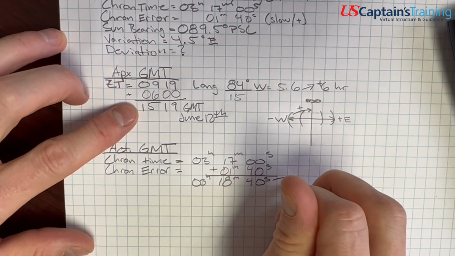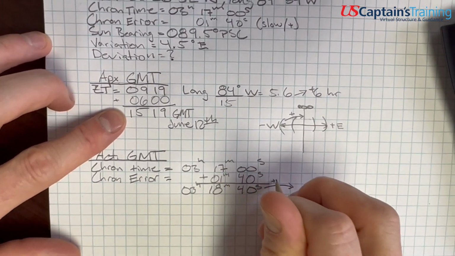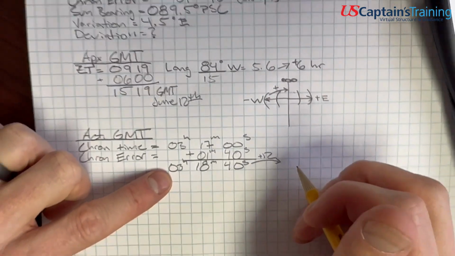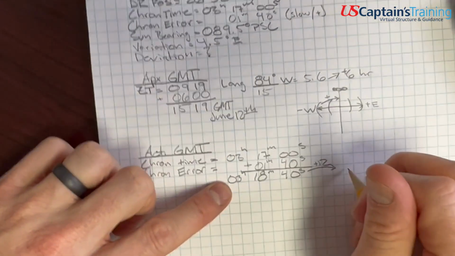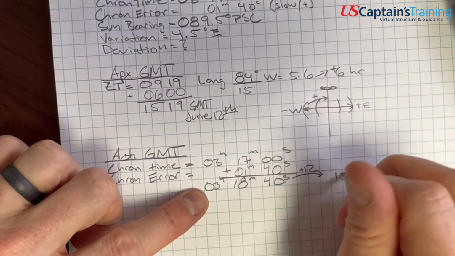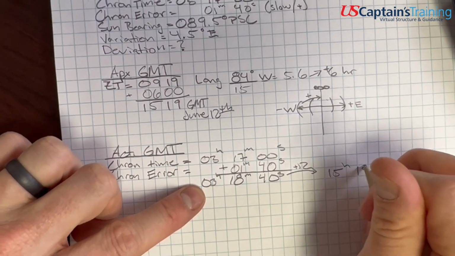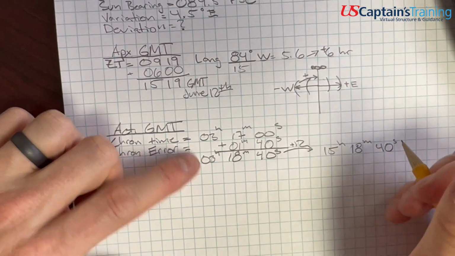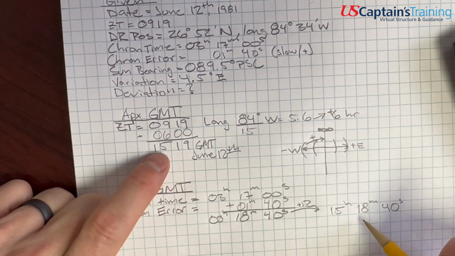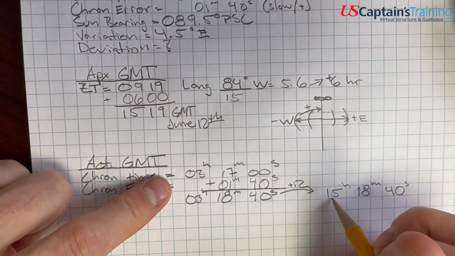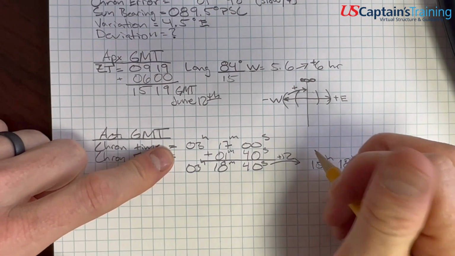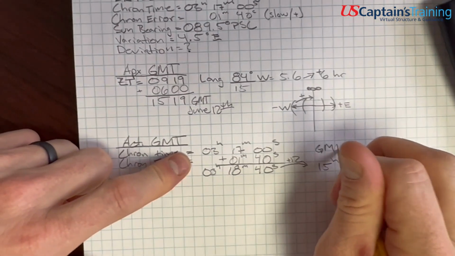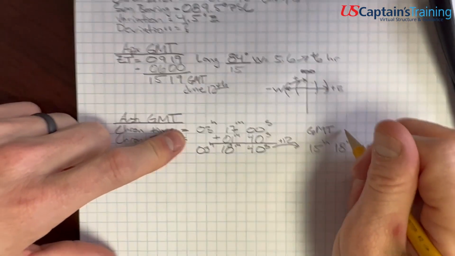So we add 12 hours to this and you get the other side of it, which is 3 plus 12 is 15. So here you get 15 hours, 18 minutes, 40 seconds. Now we're lined up. See that 1519? We're at 1518:40. So this is the actual GMT on June 12th.